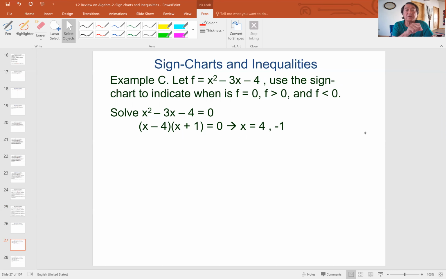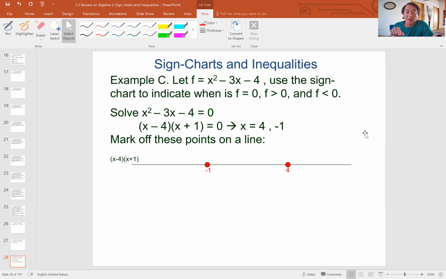We're going to start drawing little doodles on a line. The 1, -1, and 4 are neutral points. The output is 0. The pluses and minuses are distributed at all the other points, where plugging into the formula gives you a positive or negative number, not zero. And how do we find out?